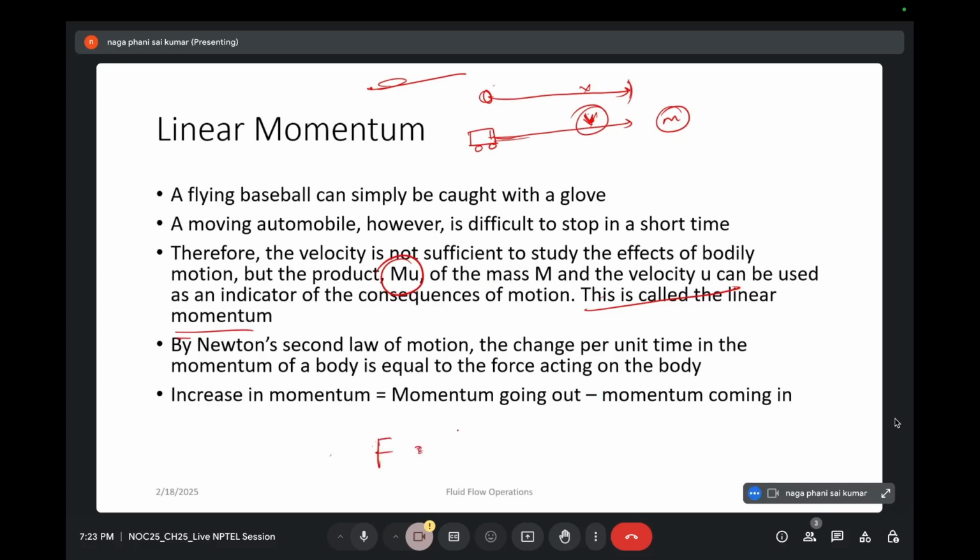F is equal to mv2 minus mv1 by time. This is Newton's second law. Okay.